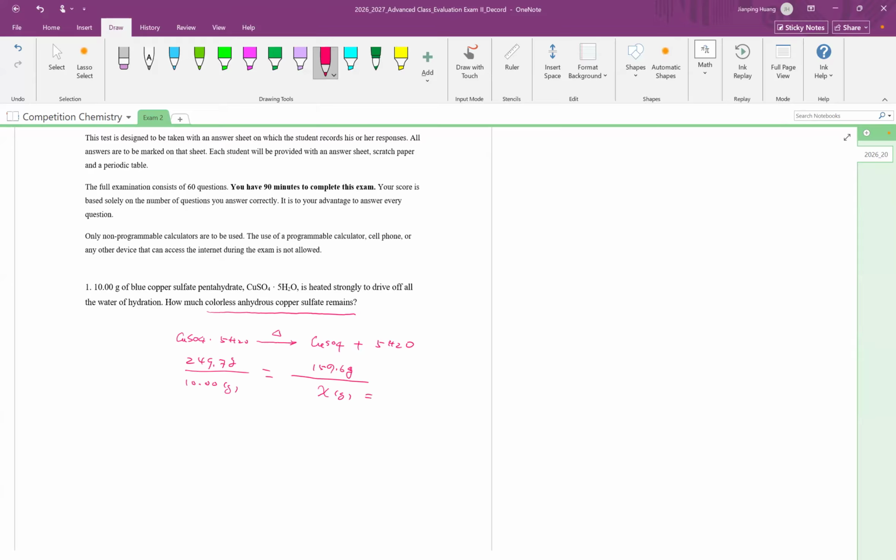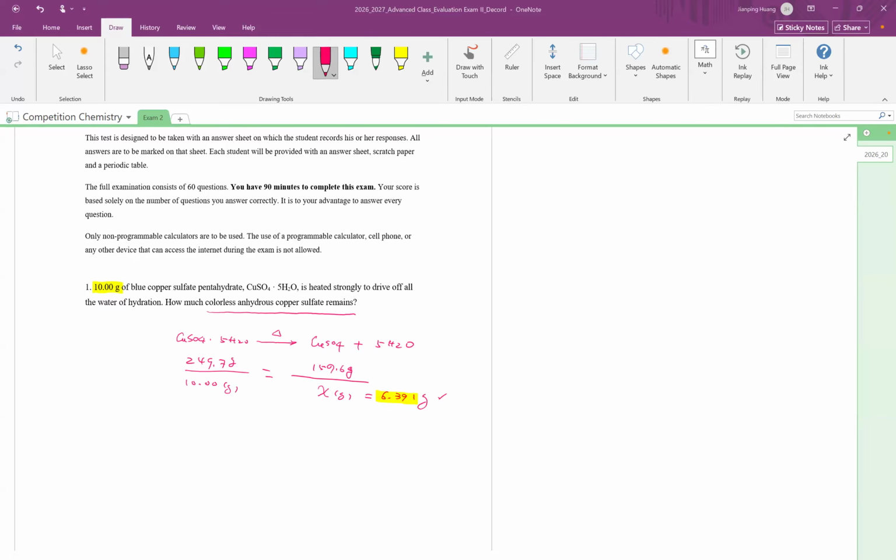You solve this question, and you should get 6.391 grams. Since here it is 4 significant figures, I want you to keep 4 significant figures. If your answer gets this one, give yourself +1.